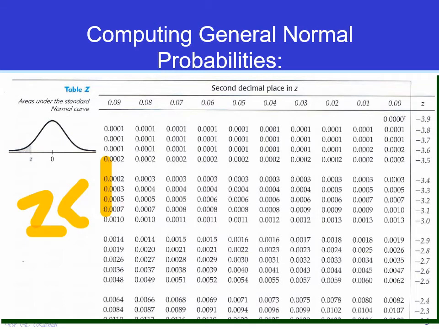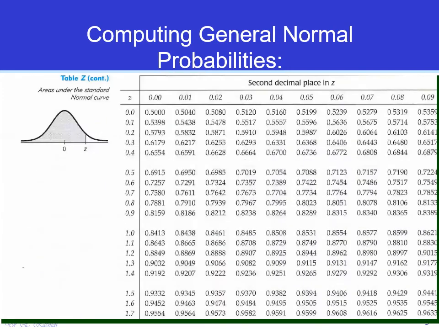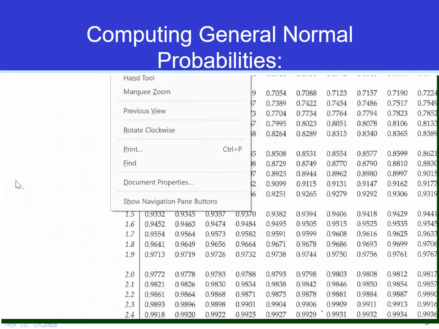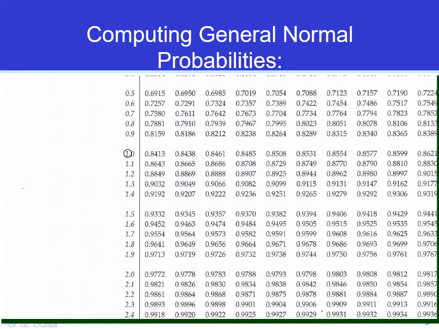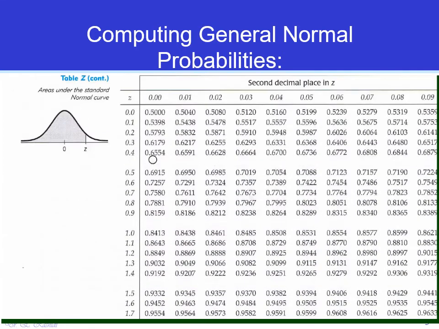Okay, so let's find that. We go to the positive table first. We have 1 here, and 1.00 gives 0.8413.